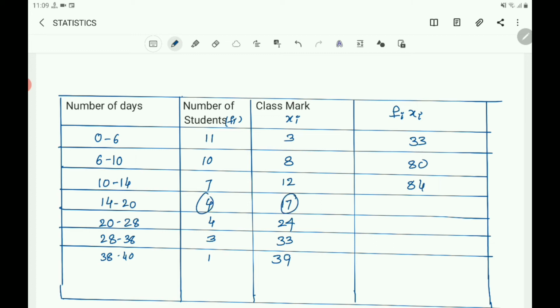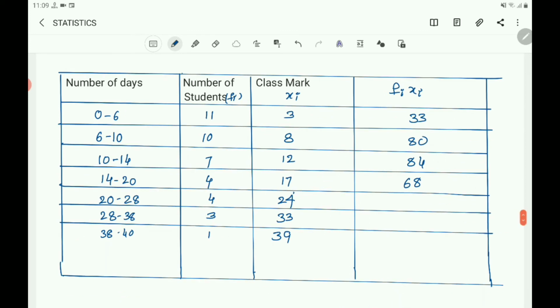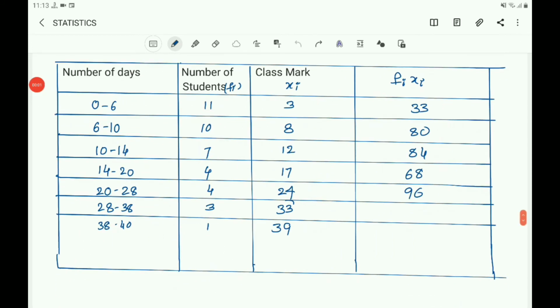And 4 into 17, 17 4s are 68. Then 4 into 24, 24 4s are 96. Then 33 3s are 99. And 39 1s are 39.